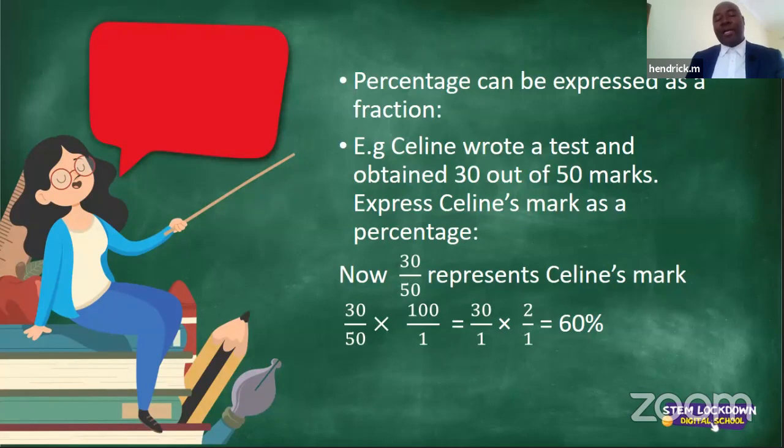The reason why we write 100 over 1 is that we are expressing the 100 also as a fraction. That is why we have 30 over 50 multiplied by 100 over 1. And I think that gives us 60%.